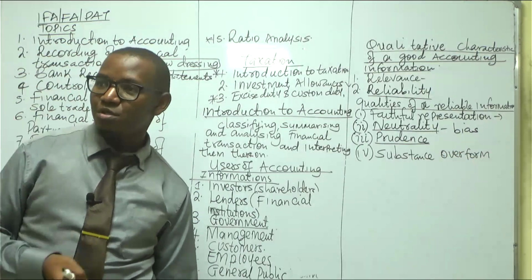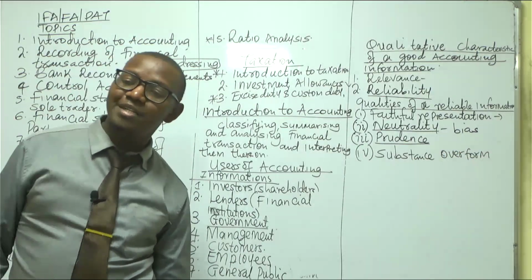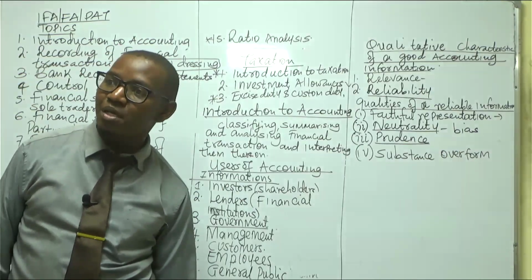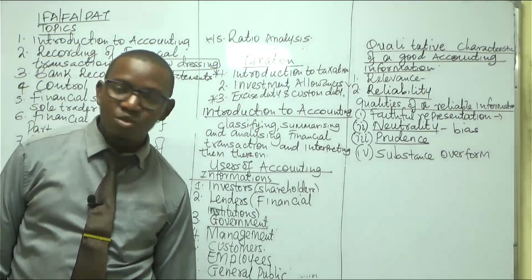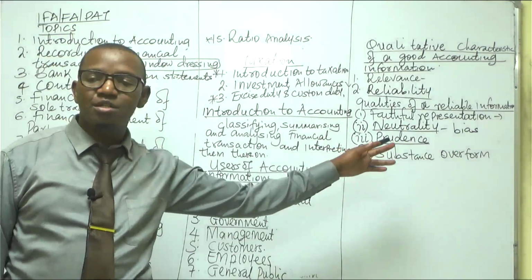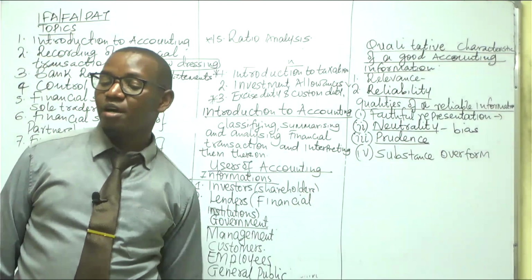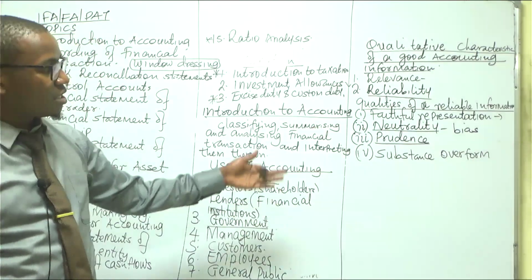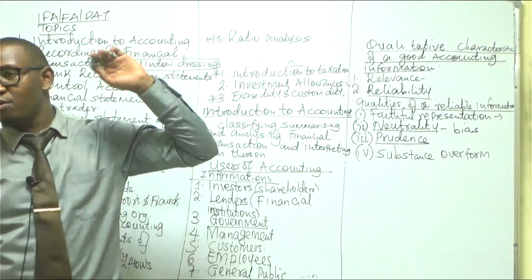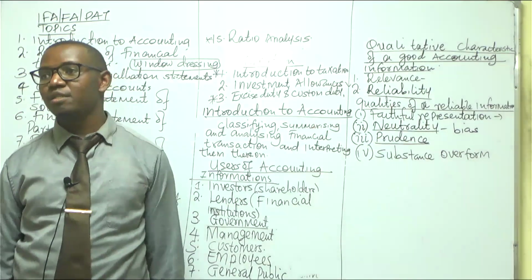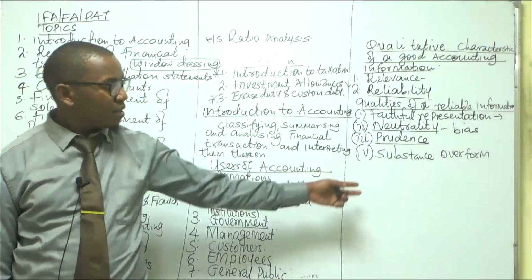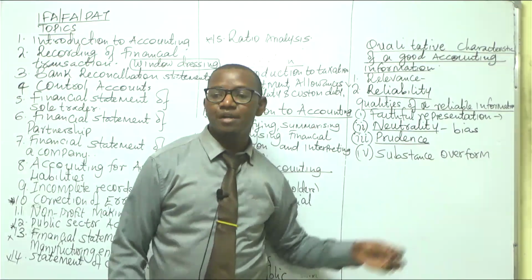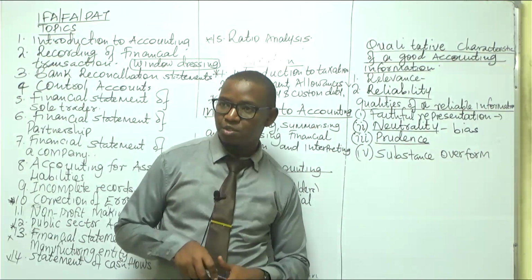Out of that assumption, they may overstate the value of that building. So prudence is also one of the accounting principles or concepts, where it requires us not to overstate those assets and liabilities.